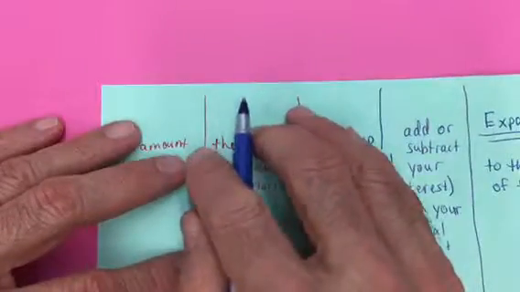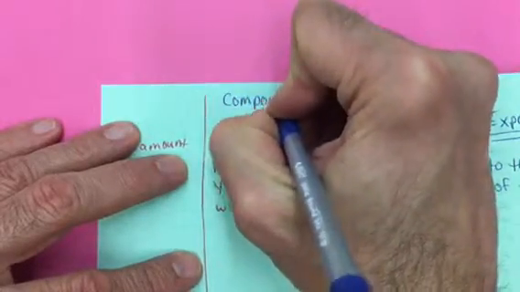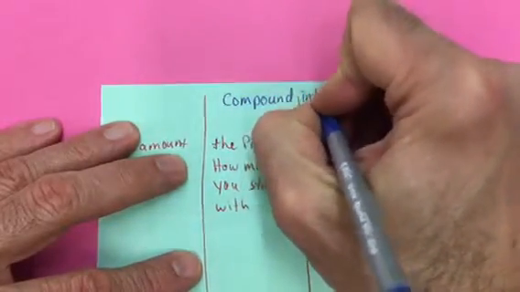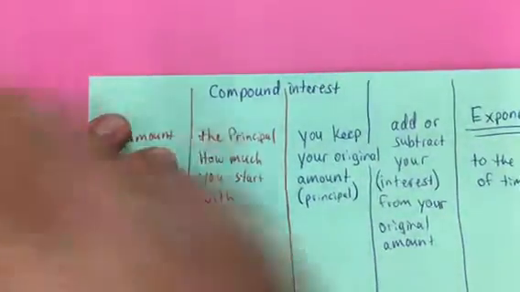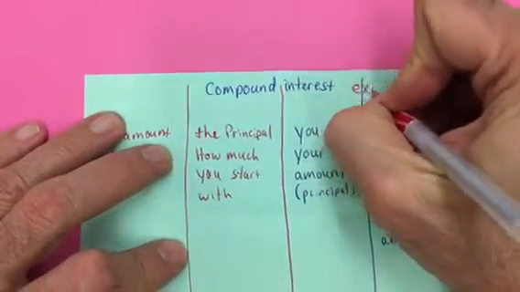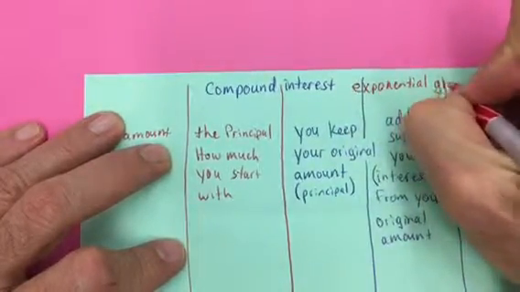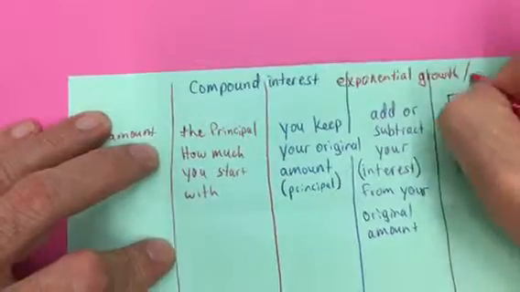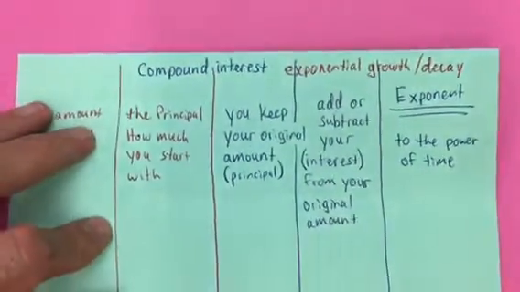This one, we forgot to put a title on it. Compound interest or exponential growth or decay. Exponential growth or decay.